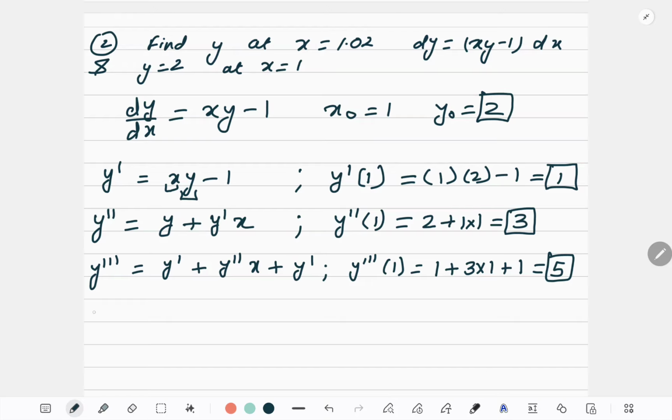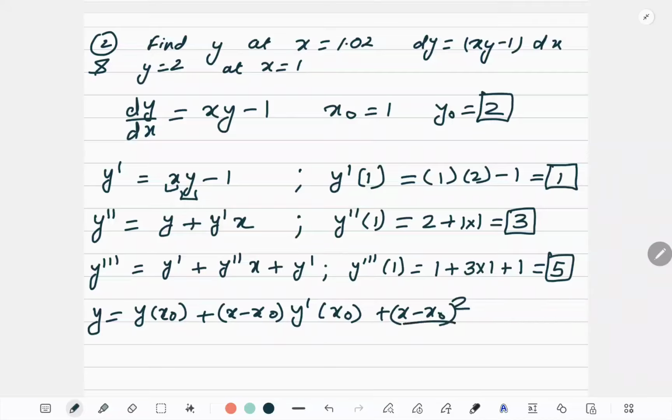Right? So what is the series now? y is equal to y of x0 plus x minus x0 y dash x0 plus x minus x0 square upon 2 factorial y double dash x0 plus and so on. Now put the value.